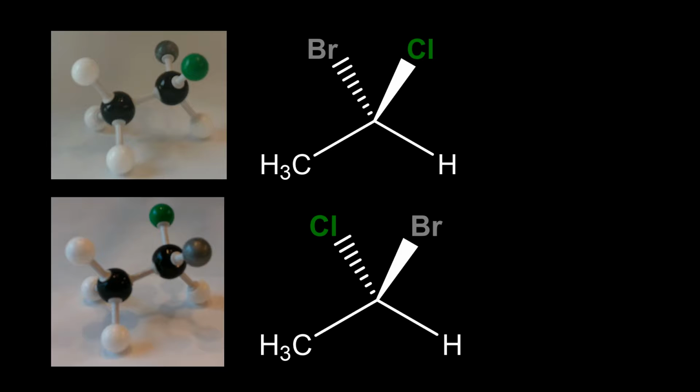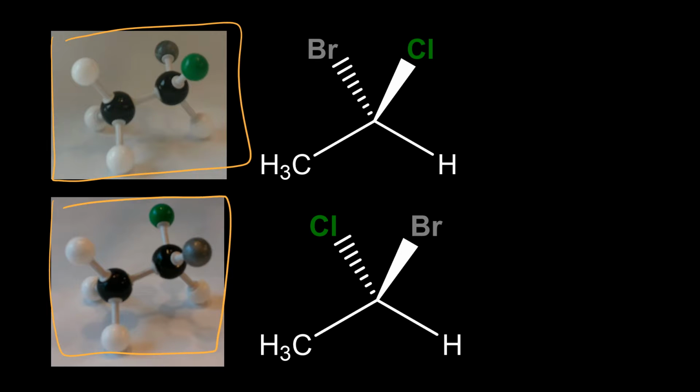It's maybe a little easier to see that these two are different if you try to stack them on top of each other. I have the original image on the top and the mirror image on the bottom. And you can see that if you tried to align them up, the green is going to be over the gray and the gray is going to be over the green. So you cannot superimpose them on one another.